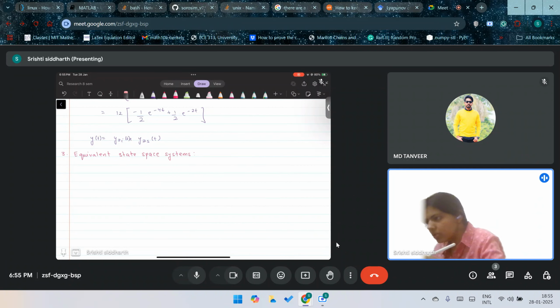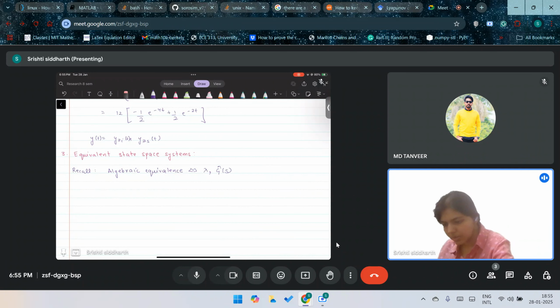So let's recall first. You can recall from the lecture notes that algebraic equivalence is equivalent to saying that the eigenvalues and the transfer function of the two systems are the same, and then we have zero state equivalence, which is true if only the transfer function of the two systems are the same.